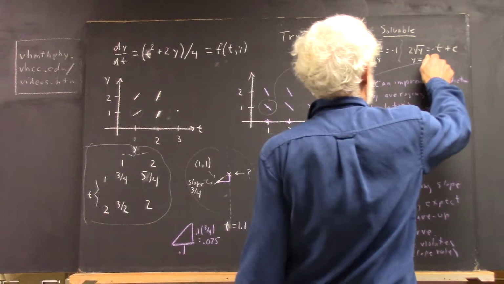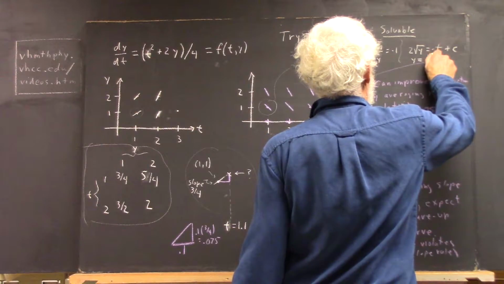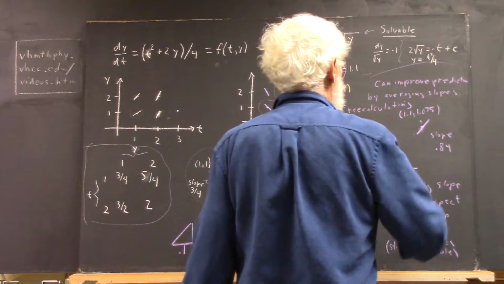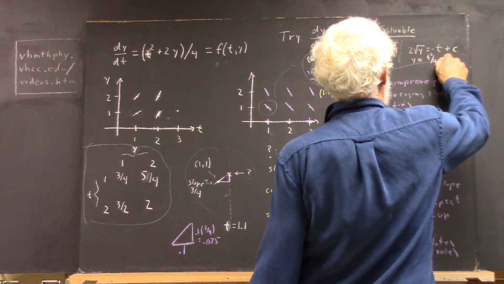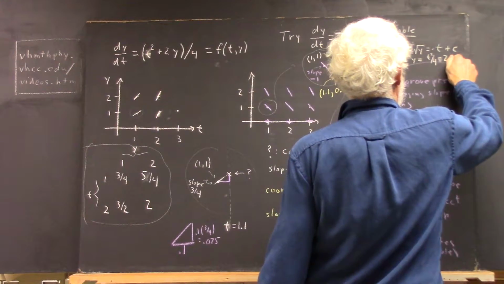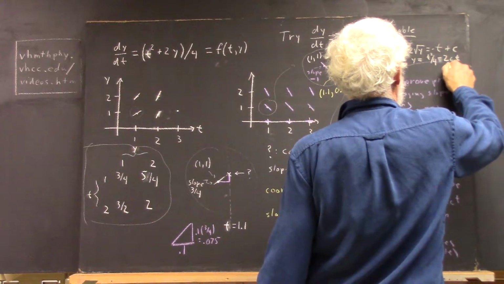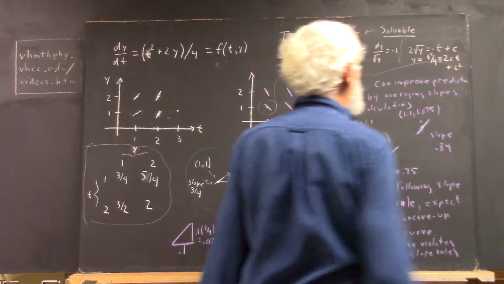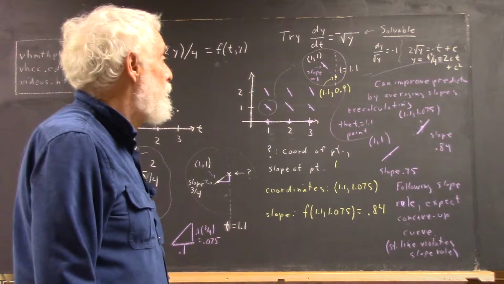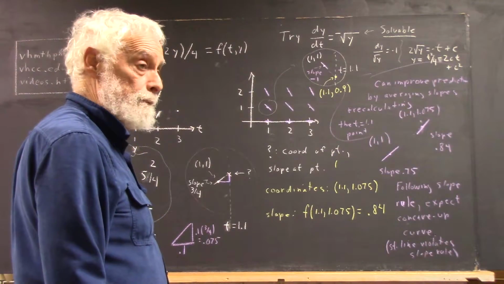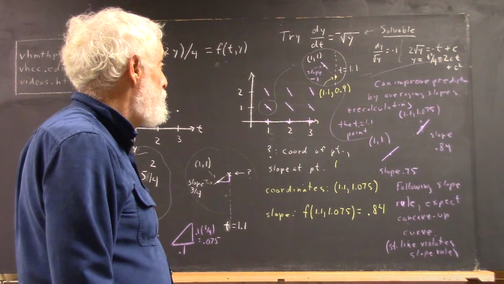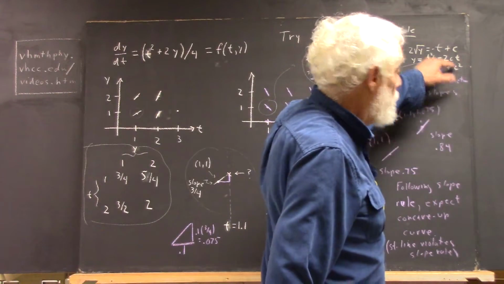So that's going to be t squared over 4 plus, minus 2ct plus c squared, where c is an arbitrary integration constant.